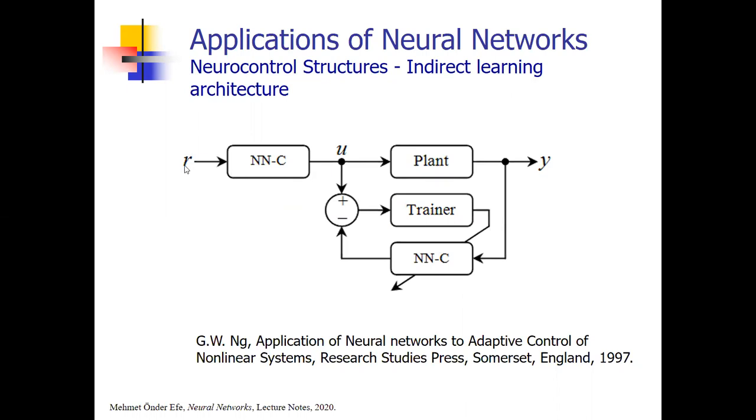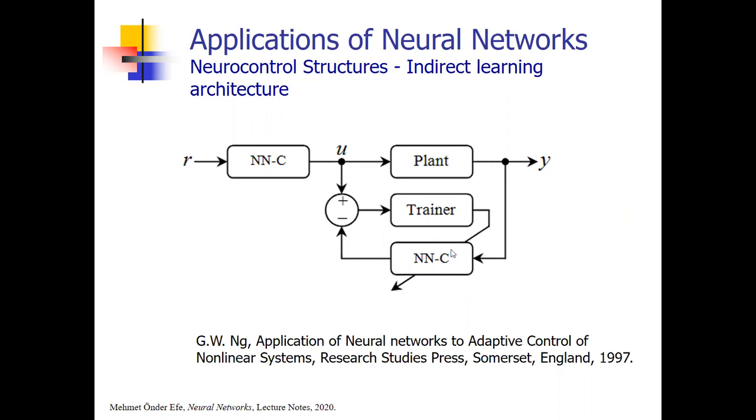You apply your reference signal to a controller, it produces a control signal, and that signal is applied to the plant, and the plant produces a response. So the goal is to obtain y equal to r, but typically it is not. So you have to perform a corrective action over this neural network controller. So you take this plant output as the input to your neural network controller. By the way, these two are identical.